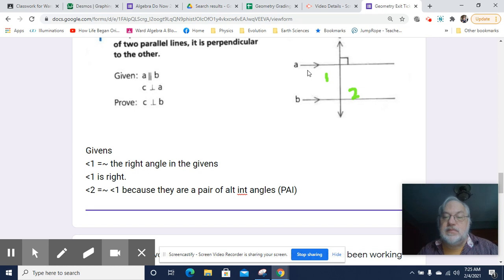Now, finally, we can say that angle 2 is right by transitive or substitution. Either one, you can make a case either way. Okay, because if angle 1 and angle 2 are congruent, then angle 2 is congruent to this angle over here.